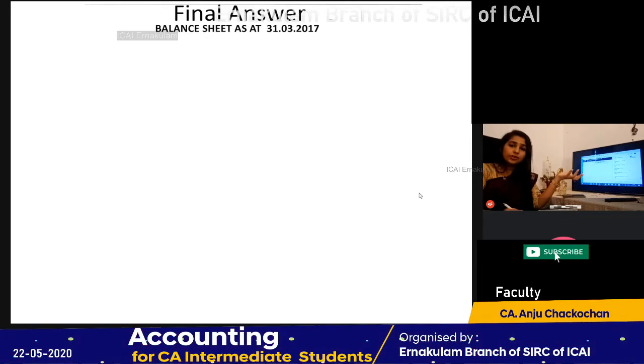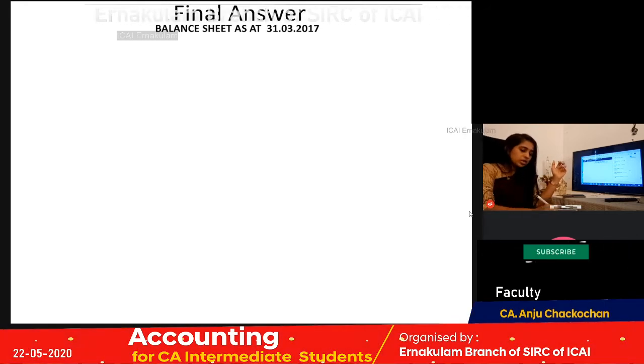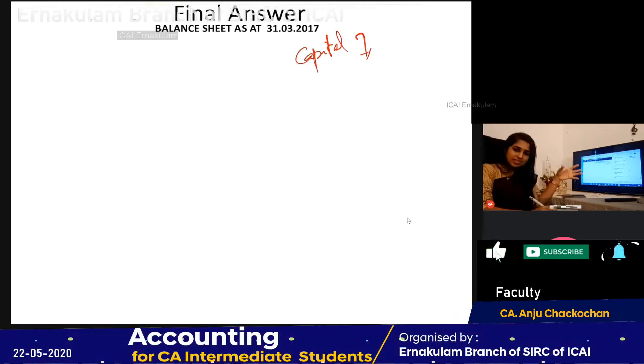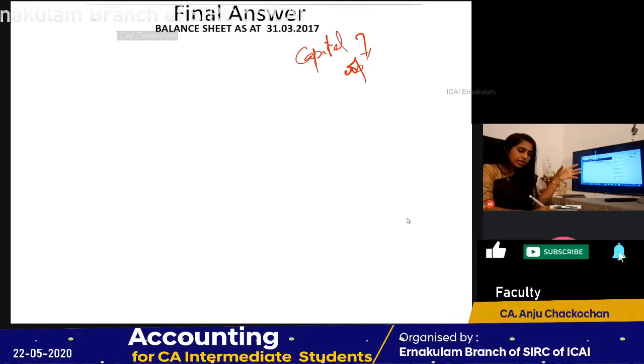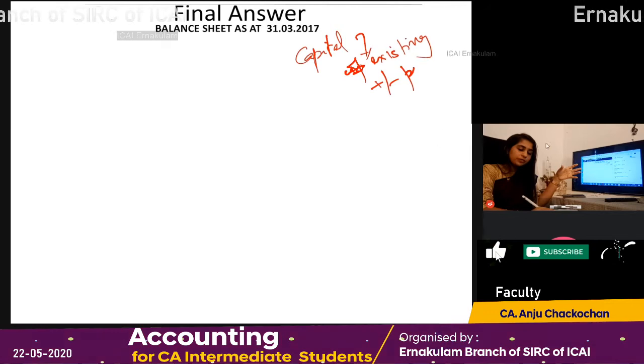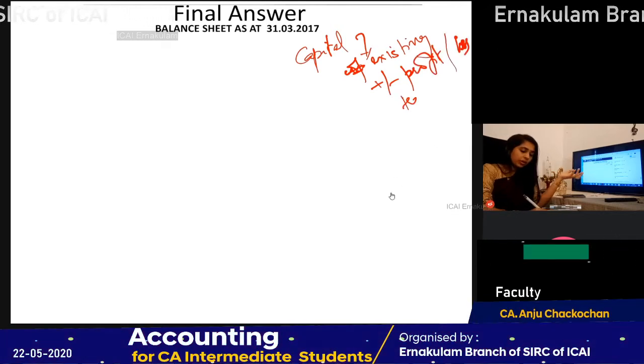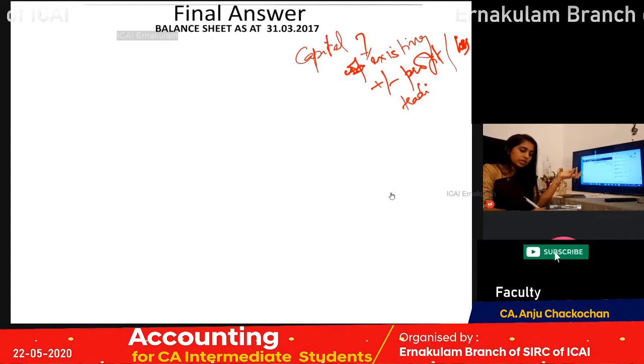Whatever profit you have received from the P&L account, you will have to add to the capital account. When writing the capital, what is the existing capital? To that you add or minus the profit or loss from the trading P&L.